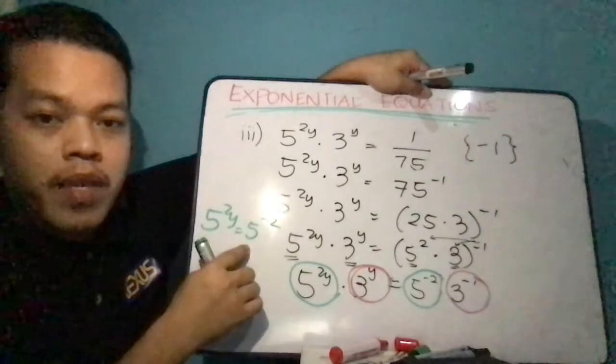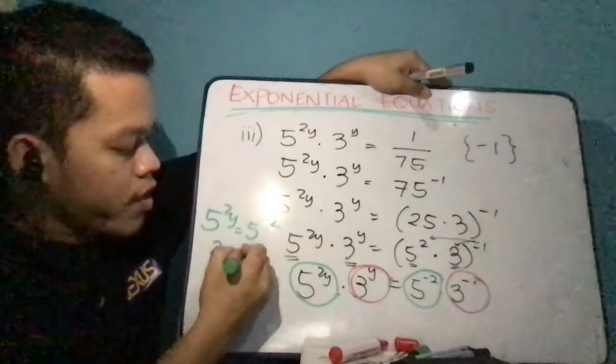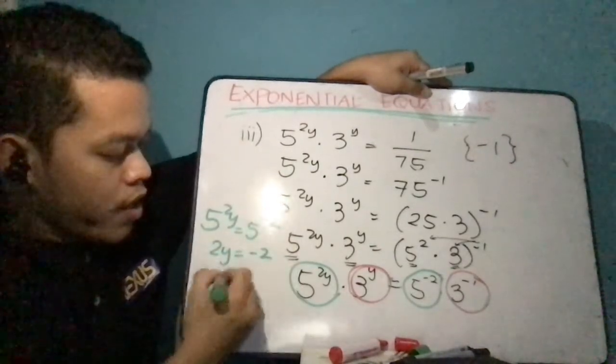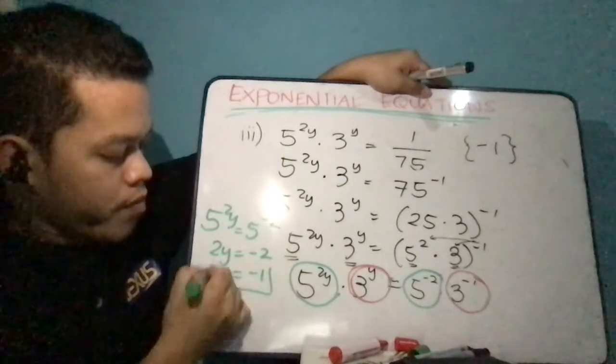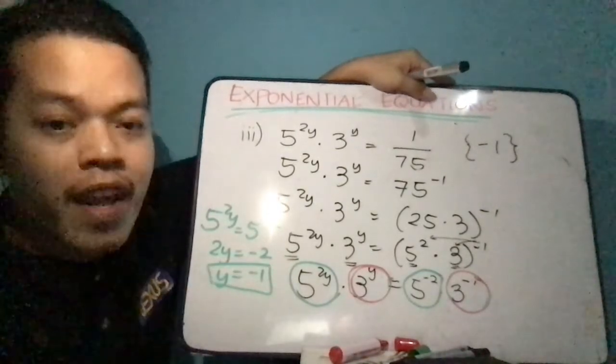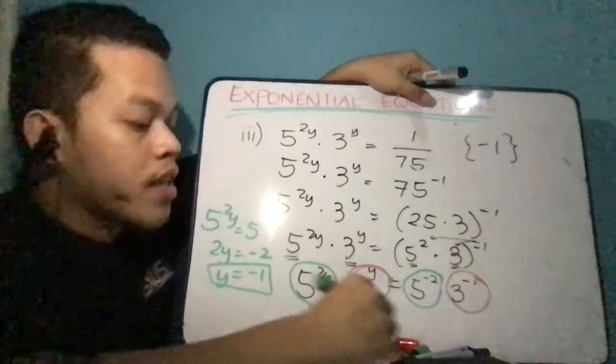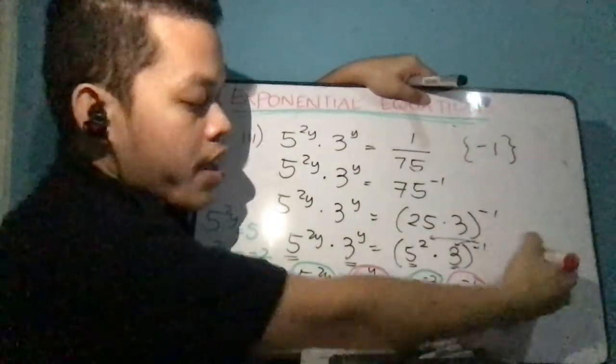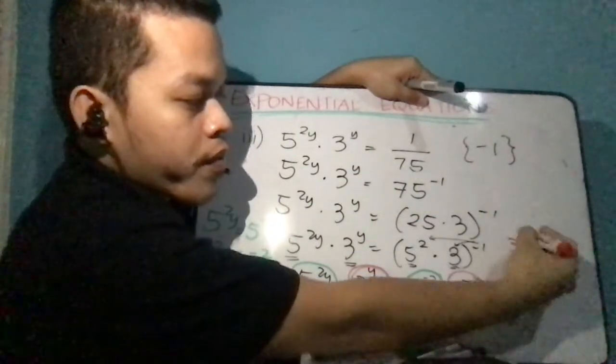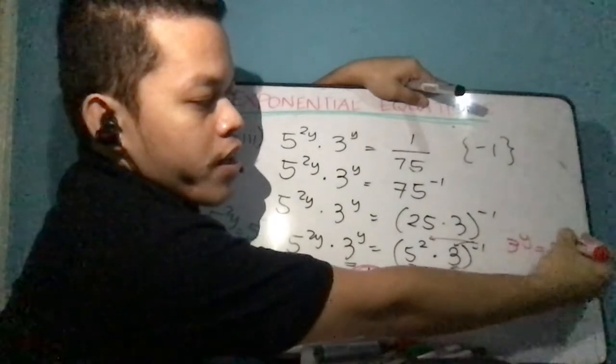Since you have the same basis now, then therefore 2y is equal to negative 2 and y is equal to negative 1. Just make sure that your value of y will still be consistent. Okay, now for this time, we have 3 to the y equal to 3 to the negative 1.